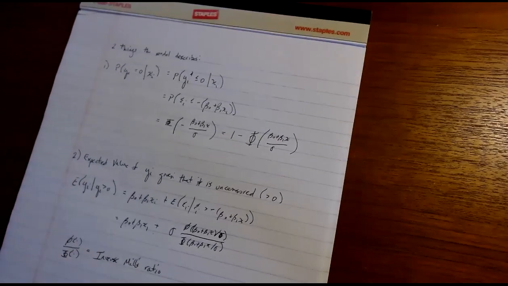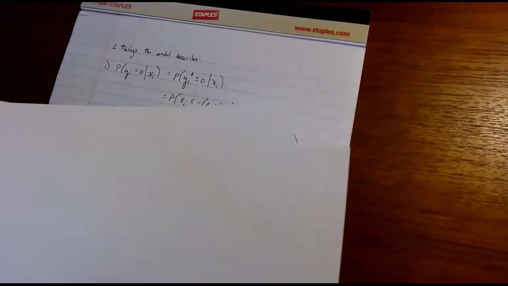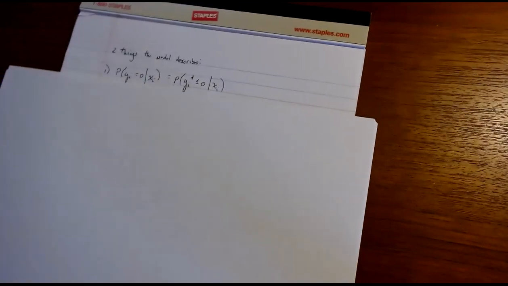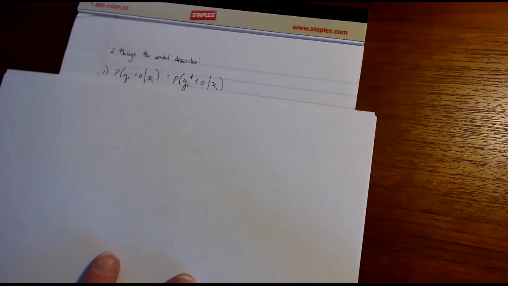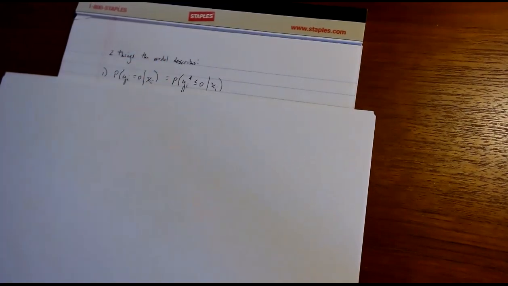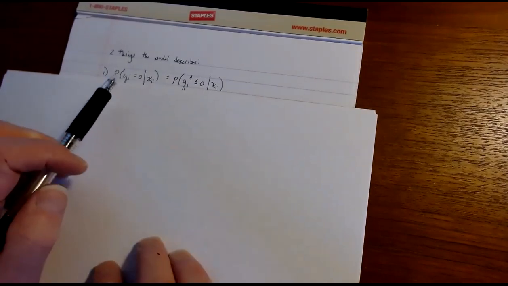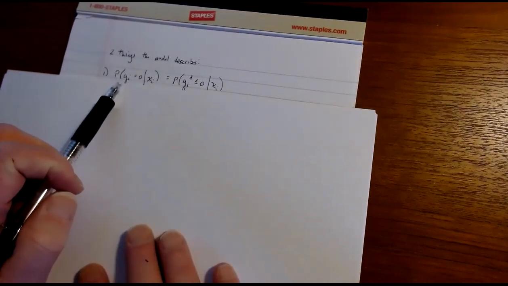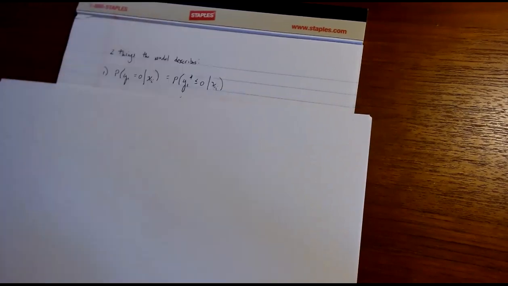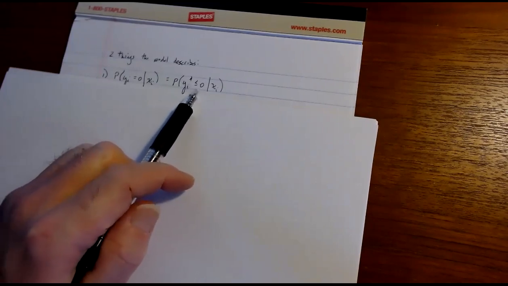Using this model, there are really two things we're going to want to be interested in. Two things we can most clearly estimate. The first is the probability that y is 0, that is, the probability that y star is less than or equal to 0.